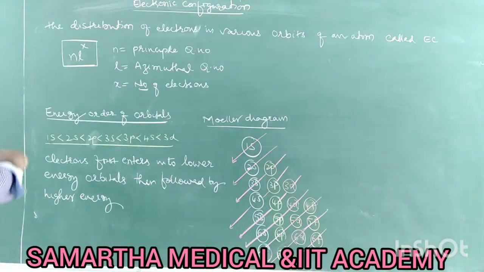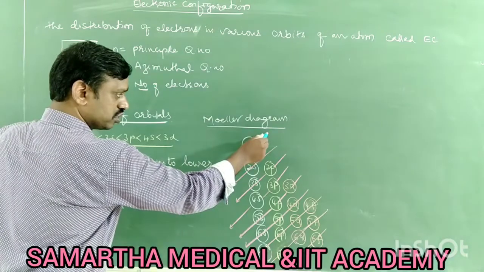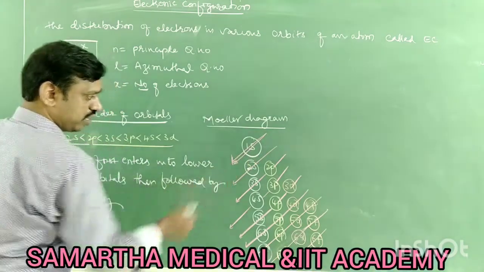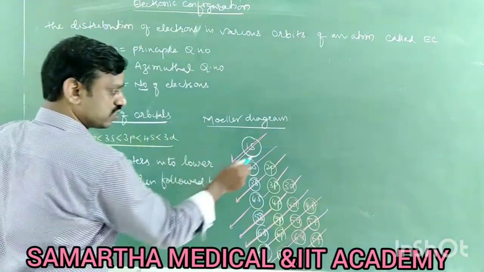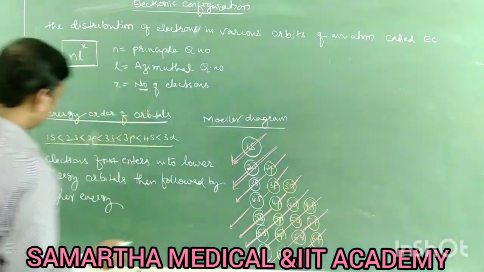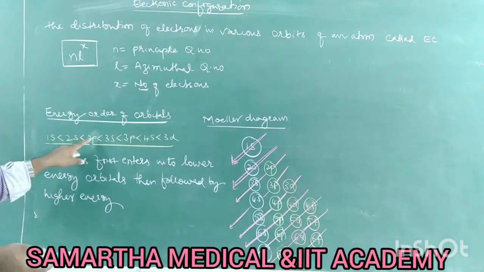So here now, among these orbitals, which orbital has low energy? Obviously 1s. That means electron first enters into the 1s orbital. Next, after 1s, electron enters into 2s. Next, electron enters into 2p.